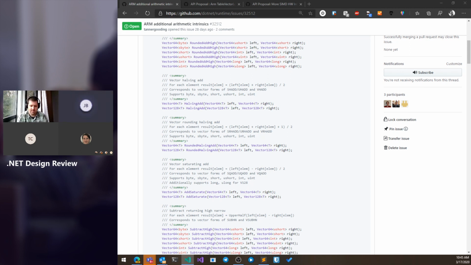I would expect it to be a suffix, personally. So add low rounded returning high? A suffix to the add low part? Yeah, verb suffix. An infix suffix. Yep. So add low rounded returning high then.